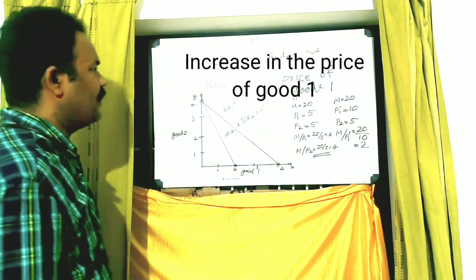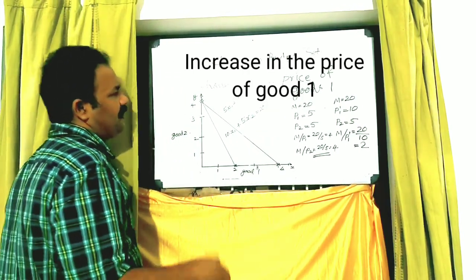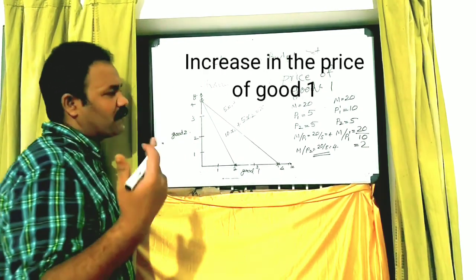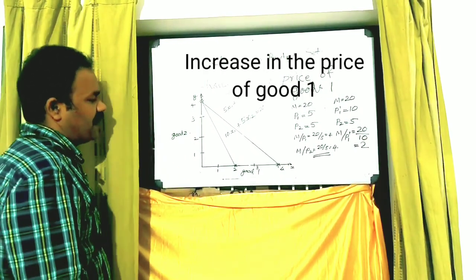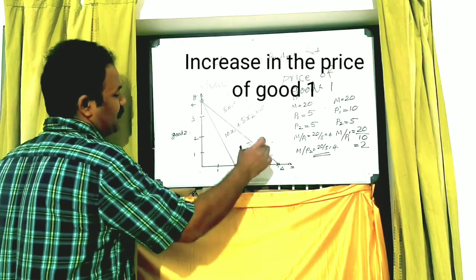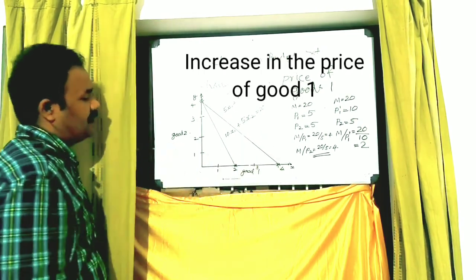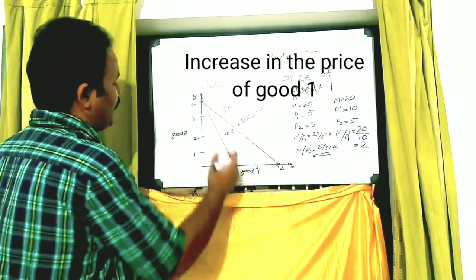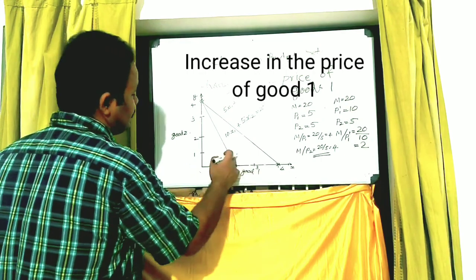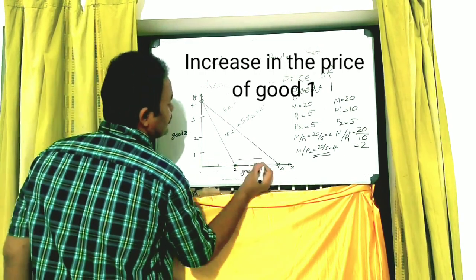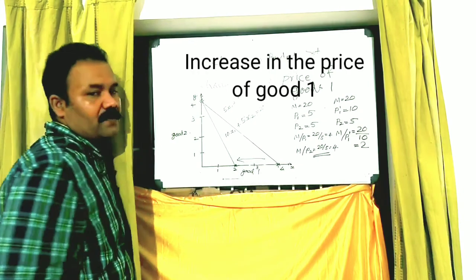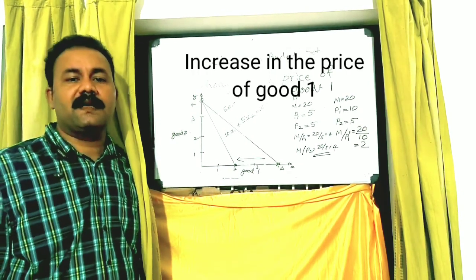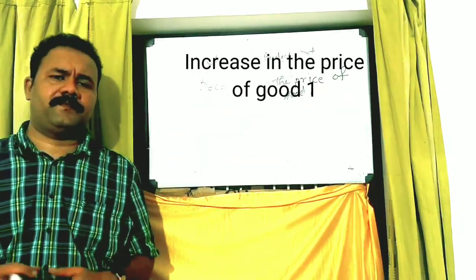Then due to the increase in the price of good one, the budget line or horizontal intercept pivots around the y-axis, that we can see here. Okay, that is the result here.